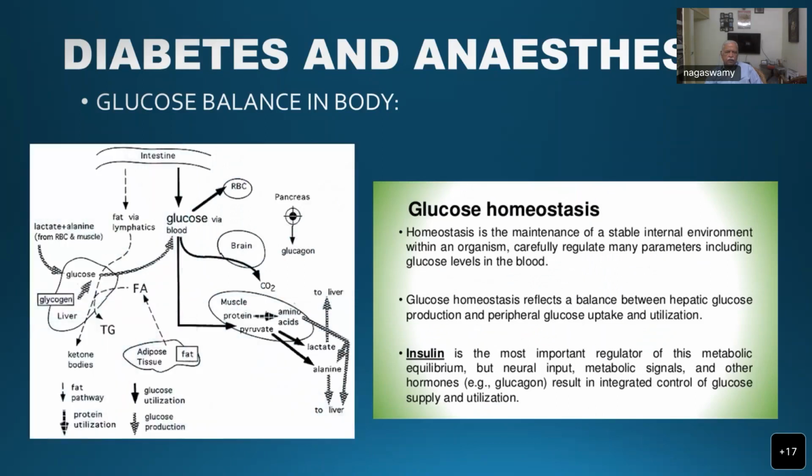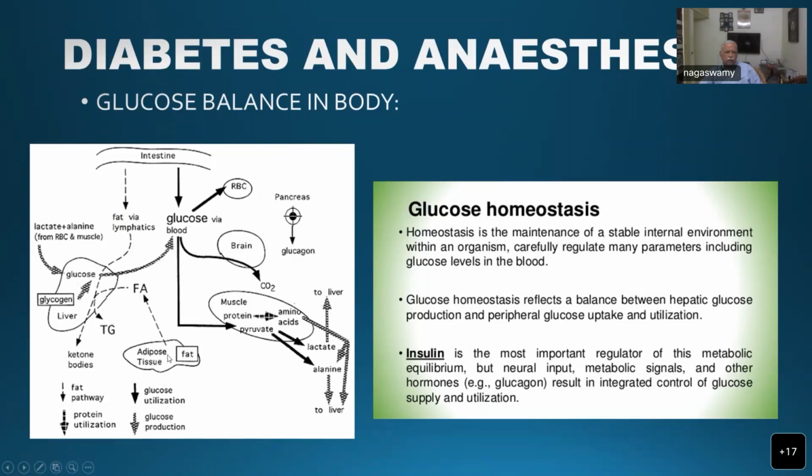So this is how the glucose gets absorbed from the intestine and goes directly to the liver. RBCs can take up glucose without insulin. Brain can take up glucose without insulin, whereas muscles and other organs require insulin for uptake of glucose, and excess glucose is normally stored in liver as glycogen, and then it is converted into triglyceride in adipose tissue.